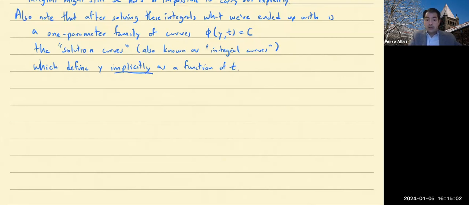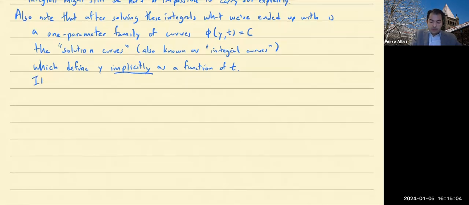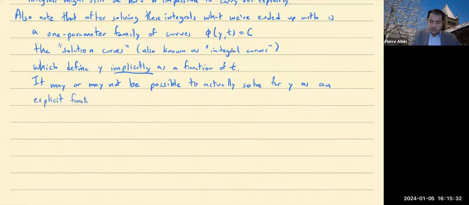Right? Then it may or may not be possible to actually solve for y as an explicit function of t.